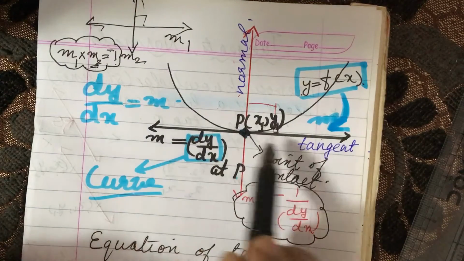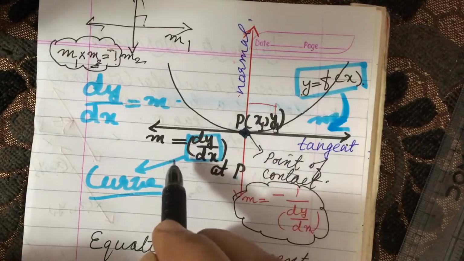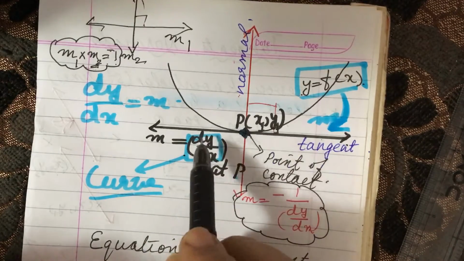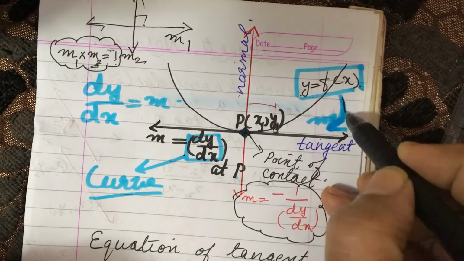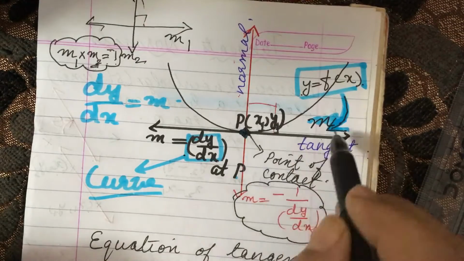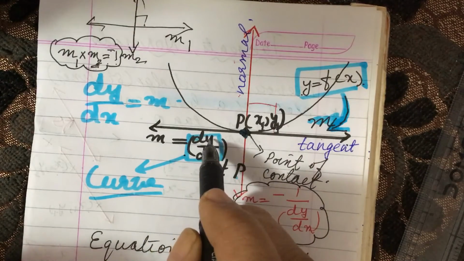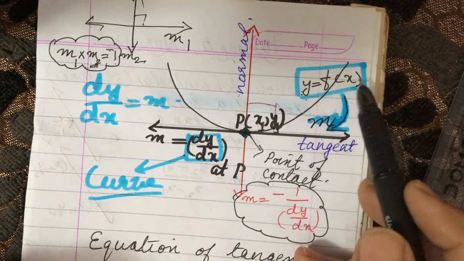So if you know the slope of the tangent, you can find the slope of the normal. So what is the slope of the tangent? From the equation of the curve, you can find the slope of the tangent at (x, y). Simply, you find the first derivative, that is dy by dx, from the equation of the curve.